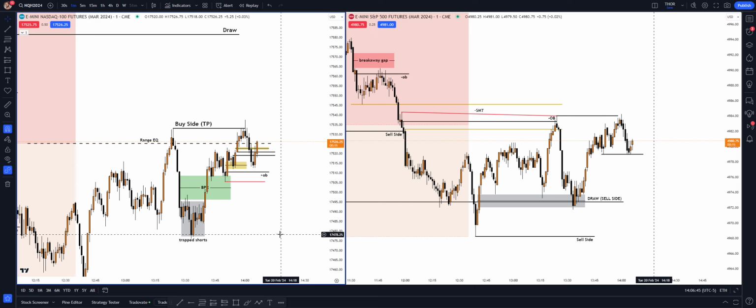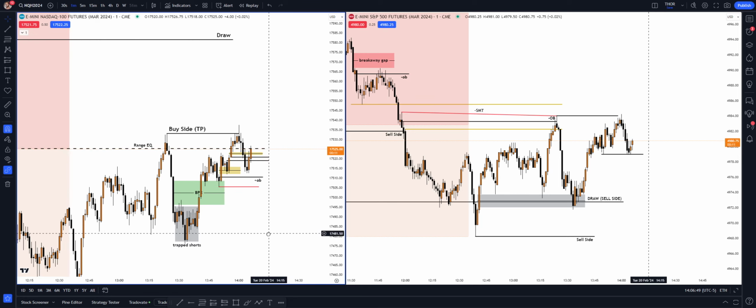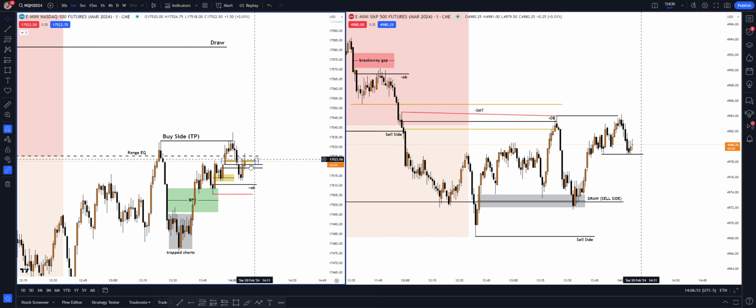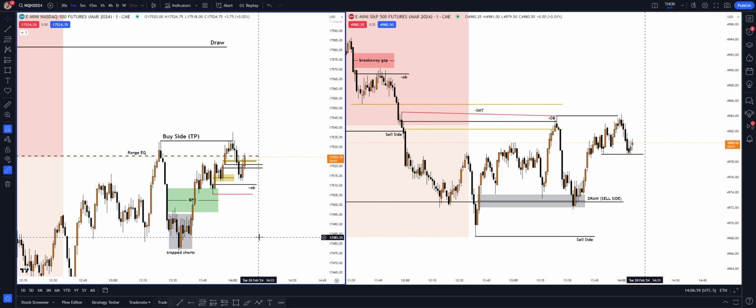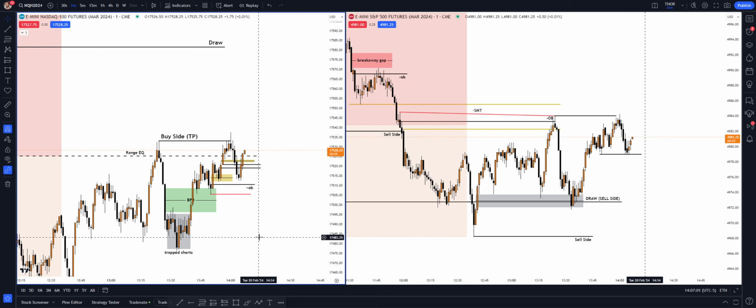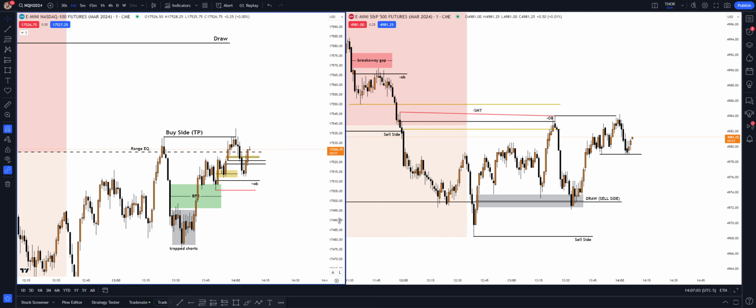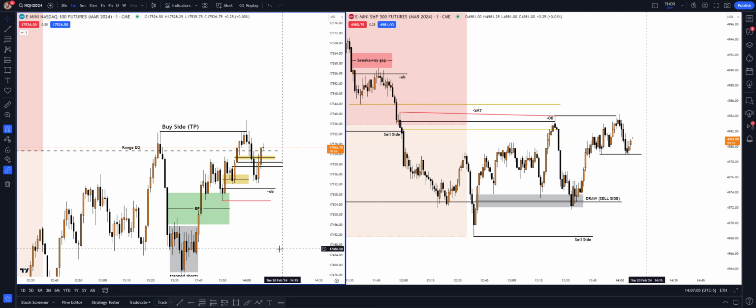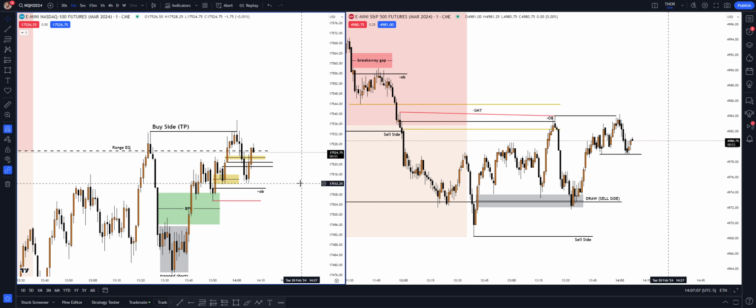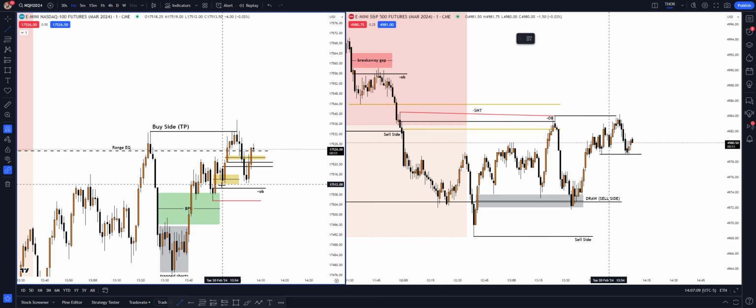Now we are testing the range equilibrium one more time. I would really love to see it moving energetically higher right now. Equal lows there.